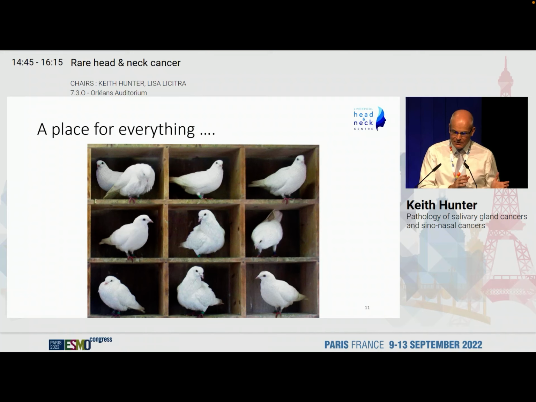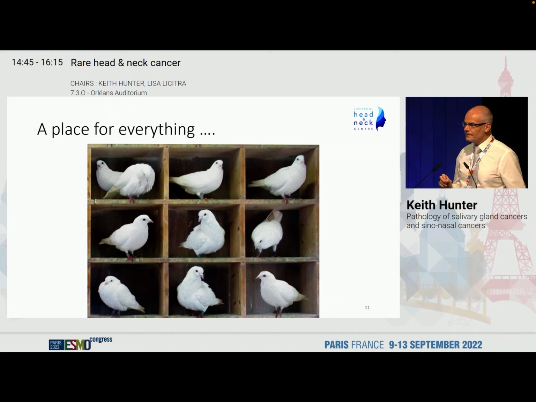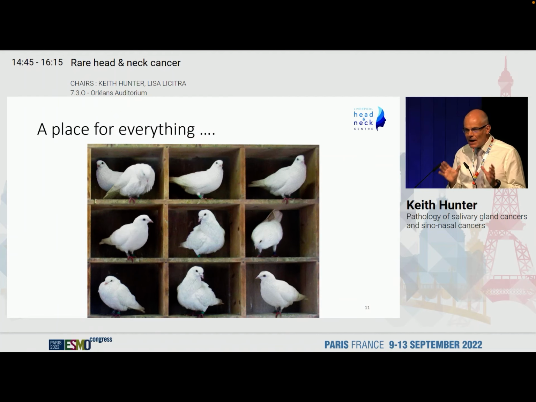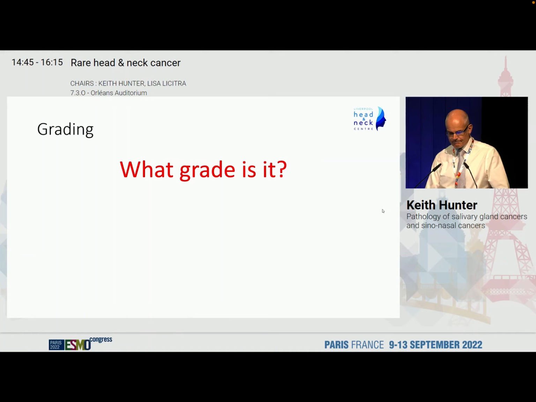And we know that they have ETV6 translocations, and they have a particular immunophenotype, which does distinguish them from acinic cell carcinomas. And so the pigeonholing makes us push some tumours into the classification, when in fact maybe it's time to stop and think, with these tumours that don't fit very well, maybe they are the ones we should be focusing upon in terms of our sequencing, so that we can define them much better and see if they are just variations on a theme or whether they are separate entities.